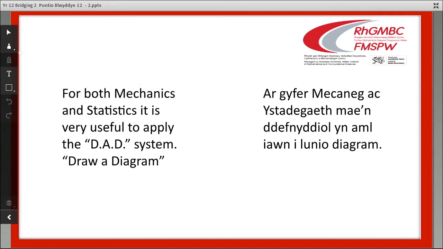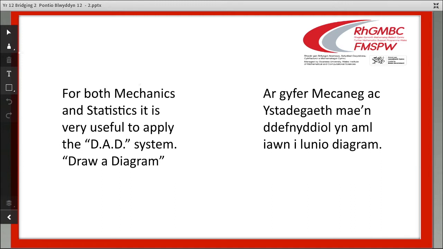Now, for both the mechanics and the statistics, I tend to apply what is known as the DAD system, and those are the first letters of draw a diagram. It is much easier when you're doing mechanics or statistics to have a diagram to give you some guidance. In mechanics, you need to know which direction is positive. So when you find your solution, if you end up with a negative number, it just means you were going in the opposite direction.